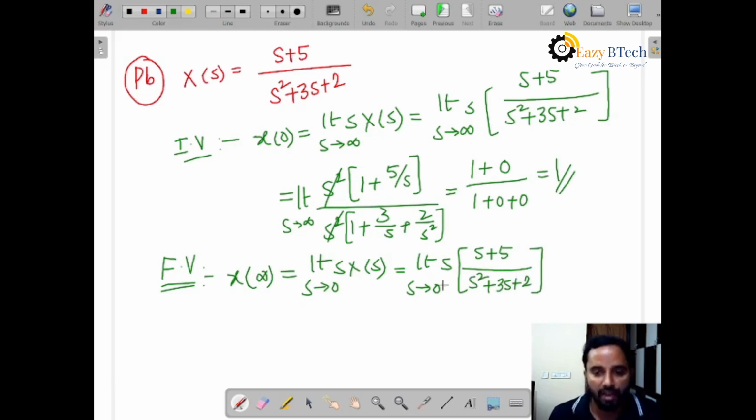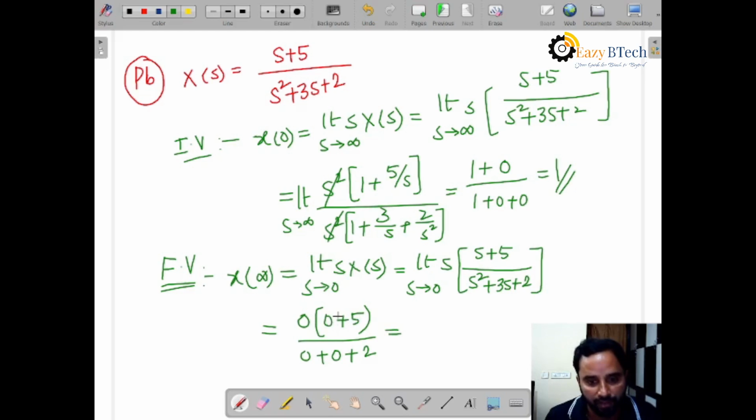Now we can directly apply the limit s is 0, because there is no 0 by 0 or 0 into infinity situation here. So 0 plus 5 by 0 plus 0 plus 2, so 0 plus 5 into 0 is 0, by 2, 0 by 2 is 0. This is the final value of the signal.